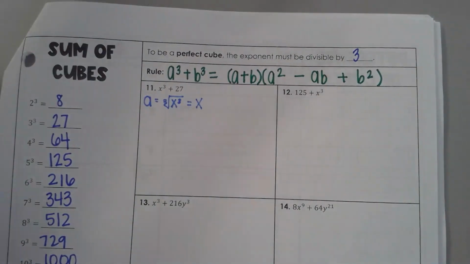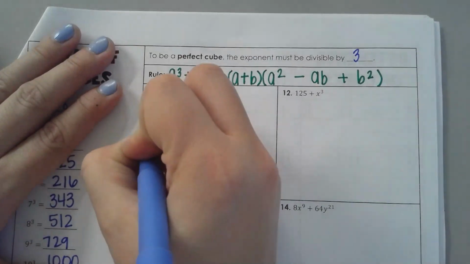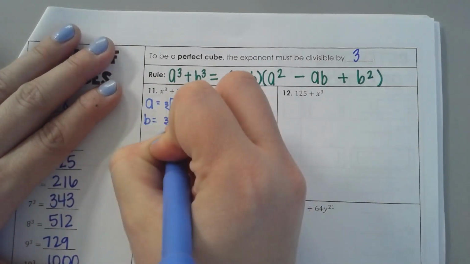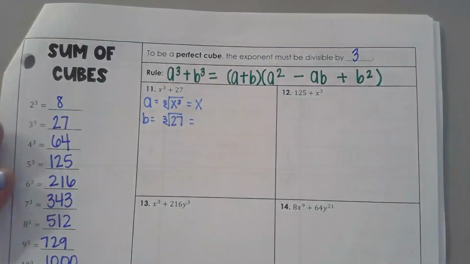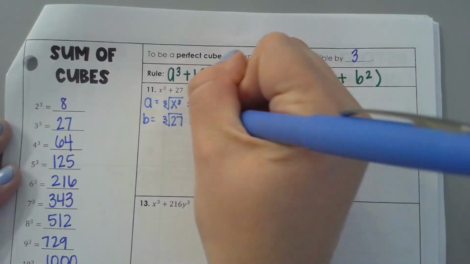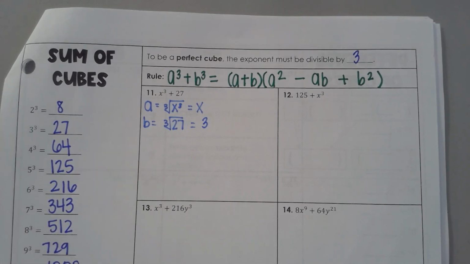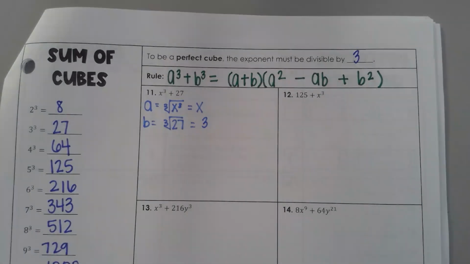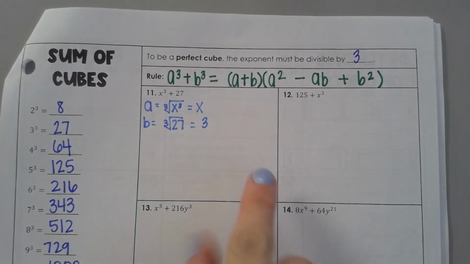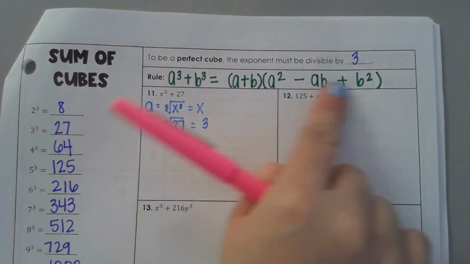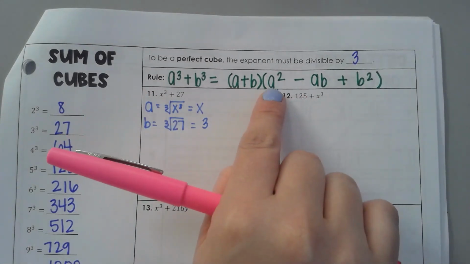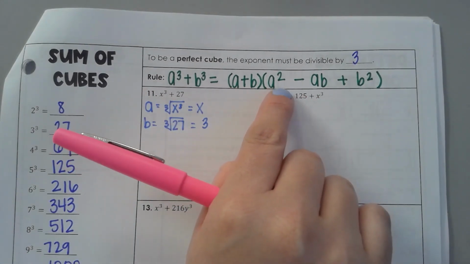And b is the cube root of 27, which is 3. Then for these other parts, I need a squared.